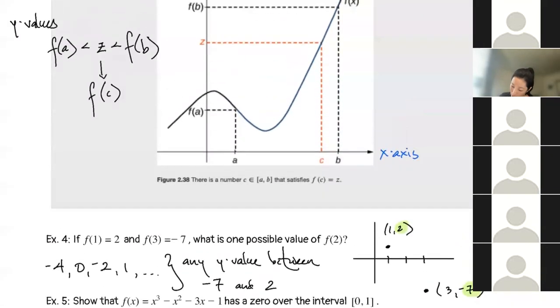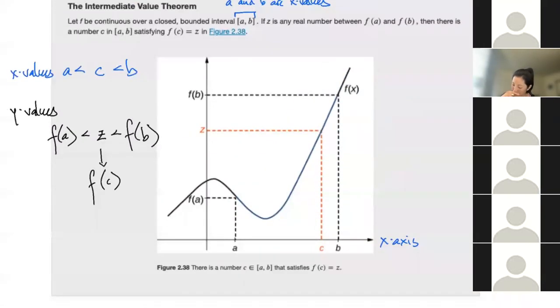So that's a good question. Let's go back to the picture and take a look. If we go back to the most simple picture that was drawn, I don't think that we can necessarily include -7 to 2. It's possible, but it's not necessarily guaranteed.